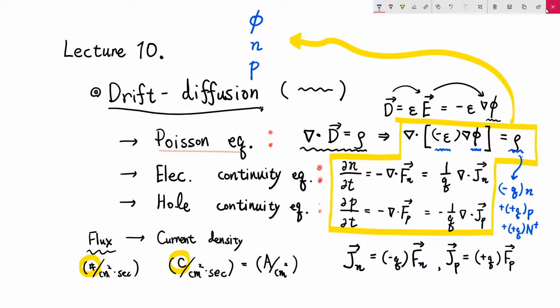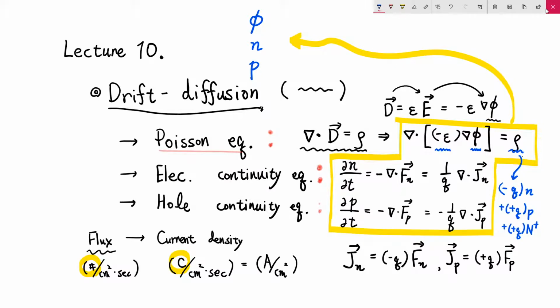Of course, if we have a negatively charged dopant, then this N plus quantity can be negative. For example, if we have an n-type dopant, that will contribute a positive number to the N plus doping quantity. And if we have a p-type dopant, that will contribute a negative value for this capital N plus quantity. You can easily understand this one.